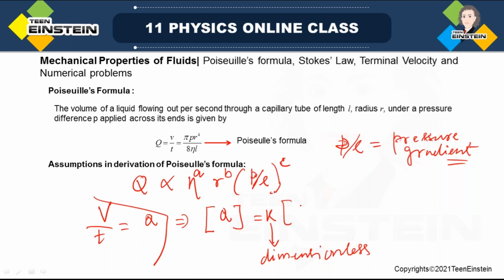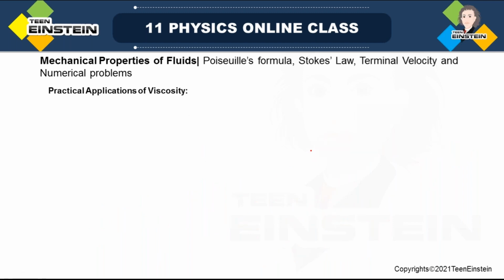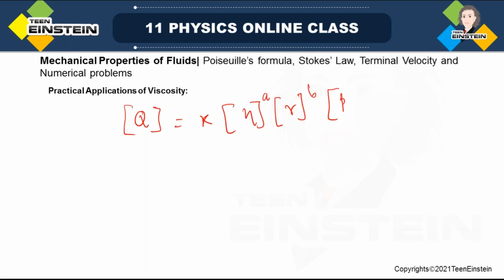Now the dimension of eta to the power A, the dimension of R to the power B, the dimension of P by L to the power C. So we get Q is equal to K eta whole power A, then R whole power B, then P by L whole power C. Now the dimension of eta is what?